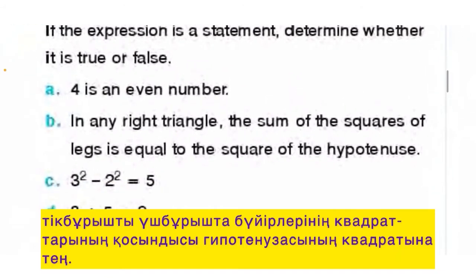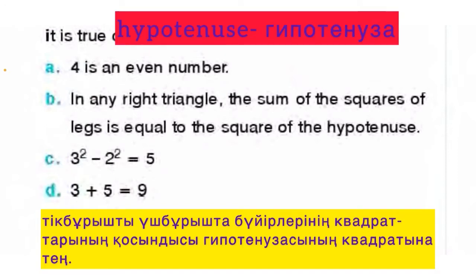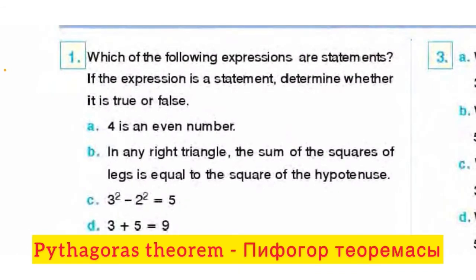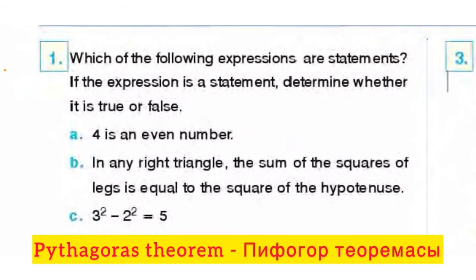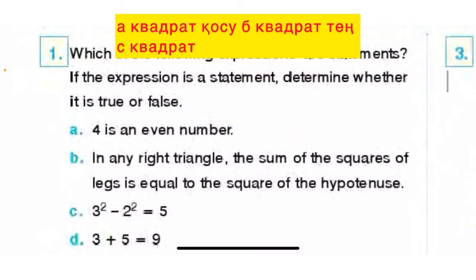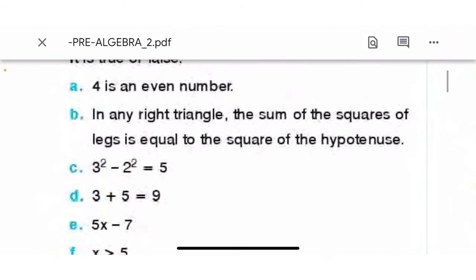In any right triangle, the sum of the squares of legs is equal to the square of the hypotenuse. This reminds us of a theorem called the Pythagorean theorem. a squared plus b squared equals c squared. Now this is a true statement.